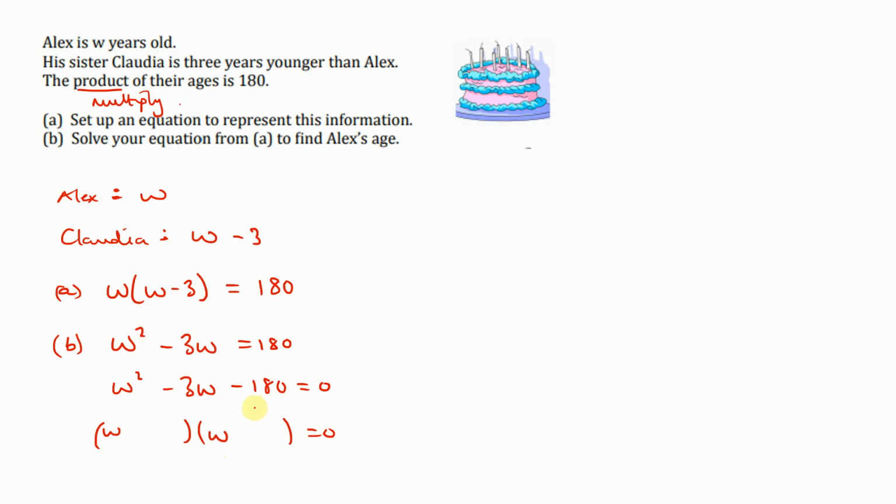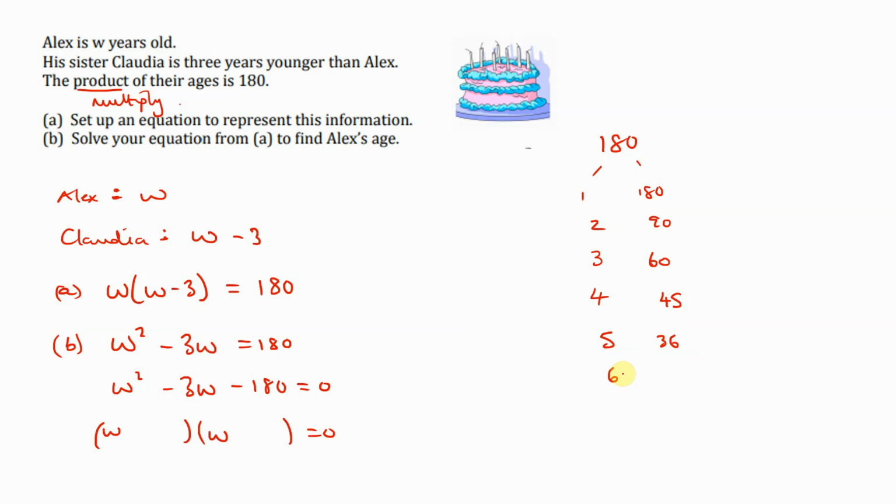I might have to use my whole brain, and I'm going to go through it in the full method. So we can have 1 and 180, 2 and 90. We could have 3 and 60. Could 4 go into it? Yeah, 4 could. I don't think it's actually going to help us, but 4 and 45. 5, yeah. 5 and 36.